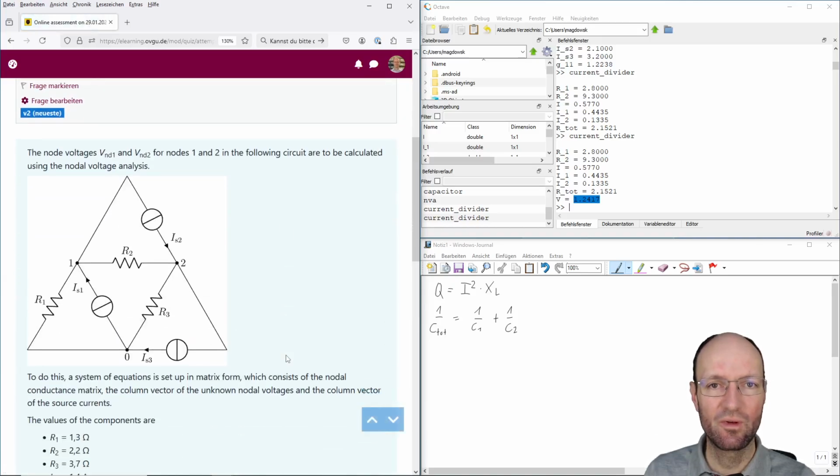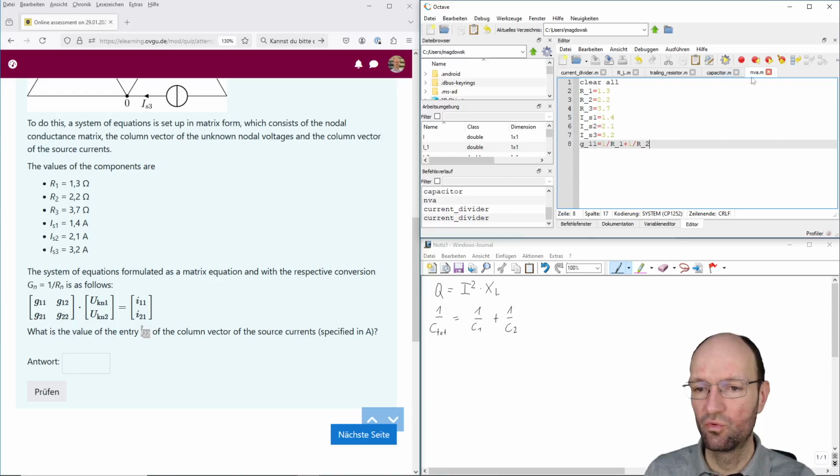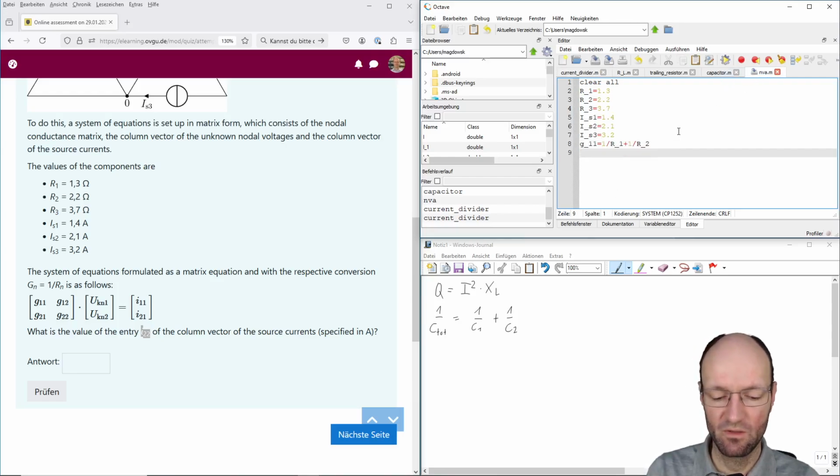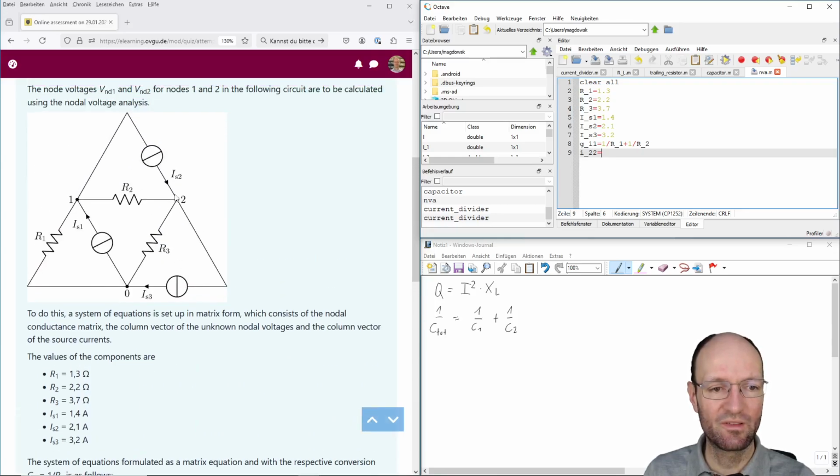Then we have another question related to this nodal voltage analysis. What is the value of the entry 2, I22 in the vector of the source currents? And this is always the sum of the current sources connected to the respective node.